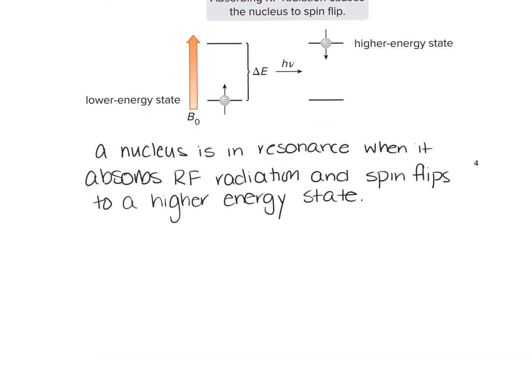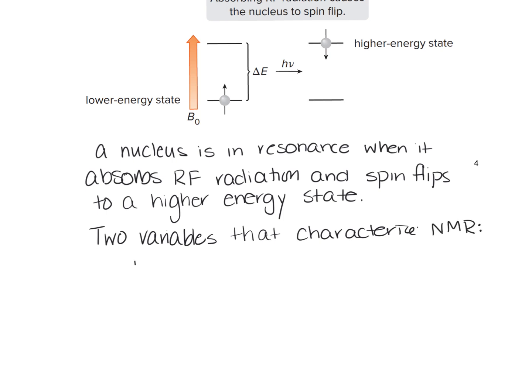There are two variables that characterize NMR. Okay. One is the applied magnetic field, which is, of course, B naught.